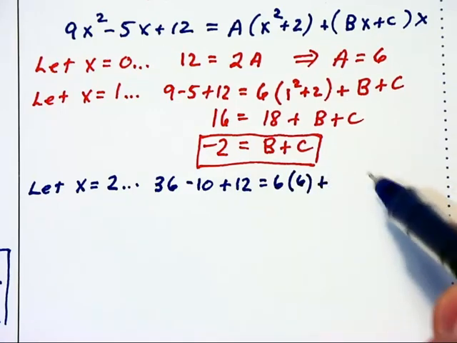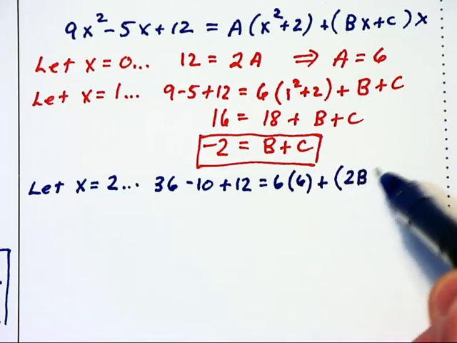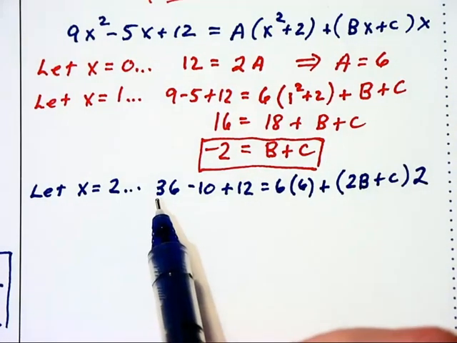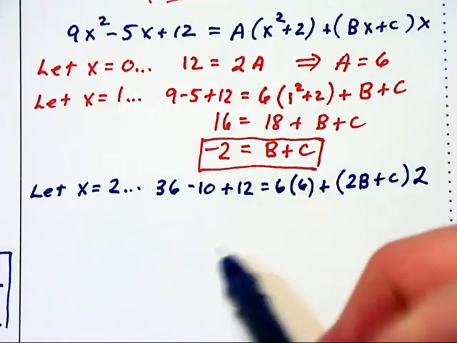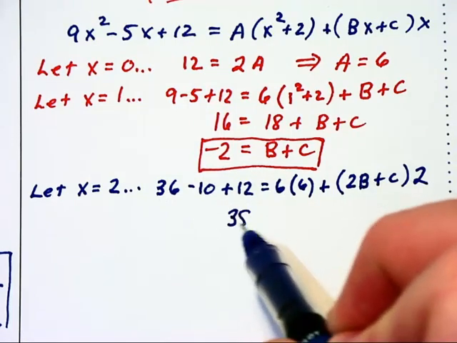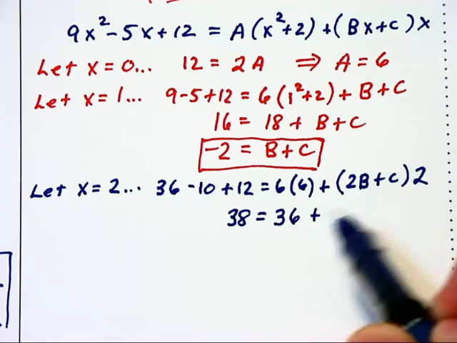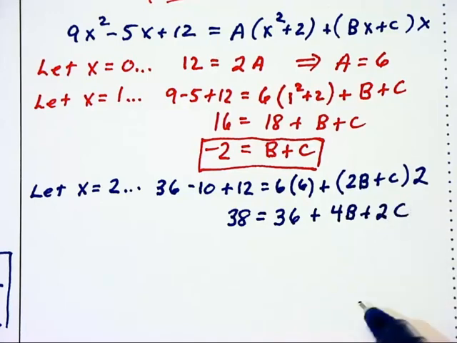Plus, now we're going to have B times 2, so 2B plus C times 2. Okay. Left side, 36 minus 10 is 26, plus 12 is 38. The right side is 36 plus 4B plus 2C.